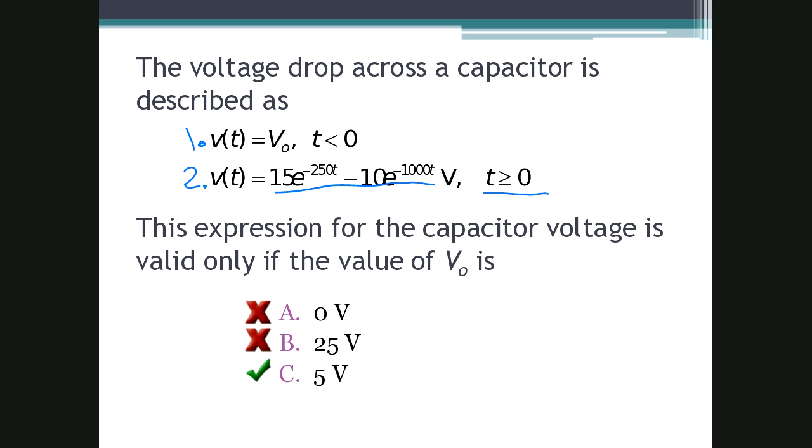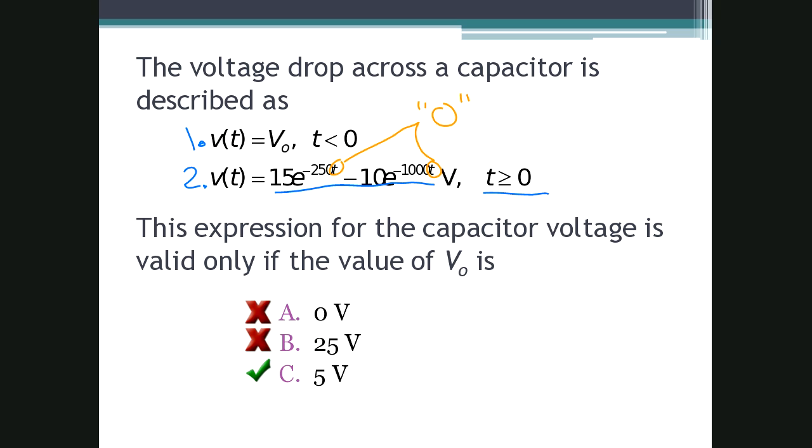valid for both equations, and that would be t is equal to 0. So at this point where we have this crossover, if we plug in 0, I'm just going to circle these terms. All right, if I plug in 0, where we have t here, what happens to this function?